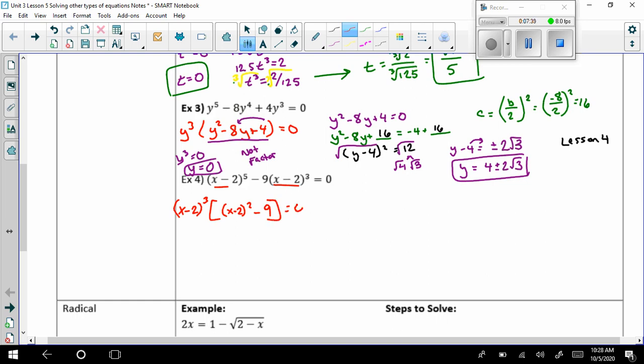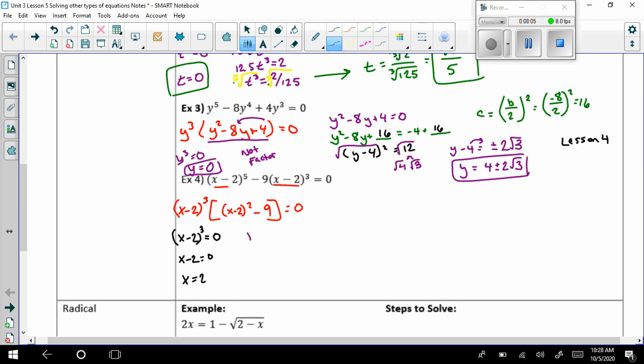is equal to 0. Again, due to the nature of these factors, you can just solve from here. So we can say x minus 2 cubed is equal to 0, which just means that x minus 2 is equal to 0, so x equals 2.